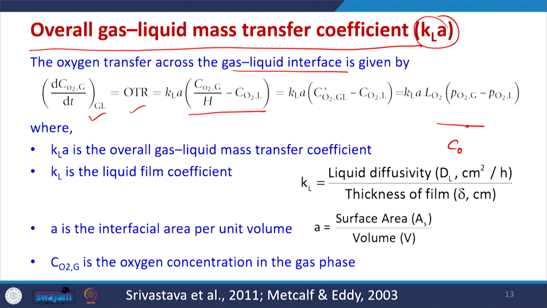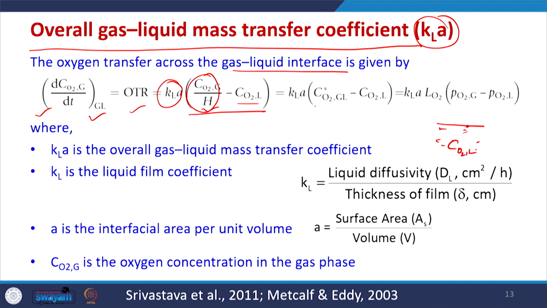Suppose this is the concentration in the bulk of the liquid, and at the interface we use the Henry's constant for determining the concentration in the liquid phase at the interface. This term represents the concentration at the interface in the liquid phase, and this is the bulk concentration in the liquid phase. If we can find out the value of KLA, we can easily find out the oxygen transfer rate.